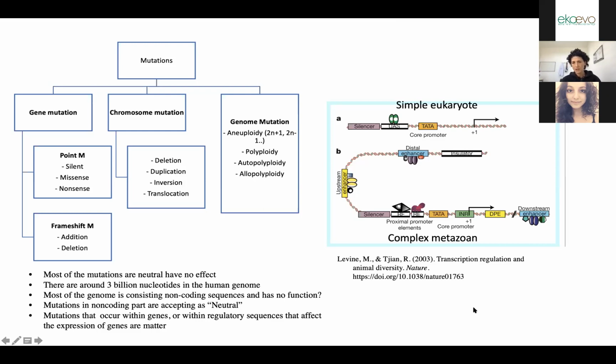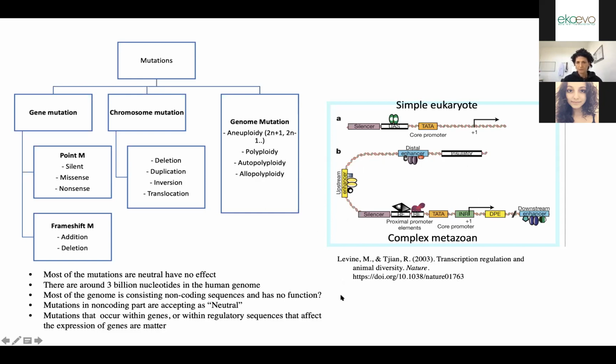Here you can see a simple eukaryote and a complex eukaryote transcription regulation part, the regulatory part of the gene. In the simple eukaryote, it's very simple. A complex metazoan has very complex elements that are responsible for gene regulation.